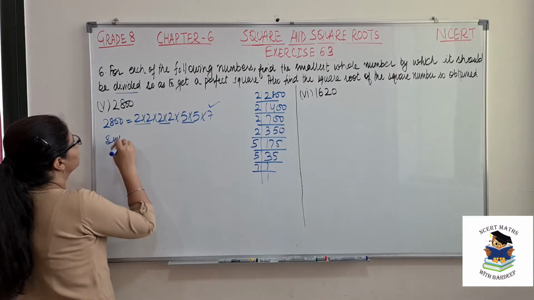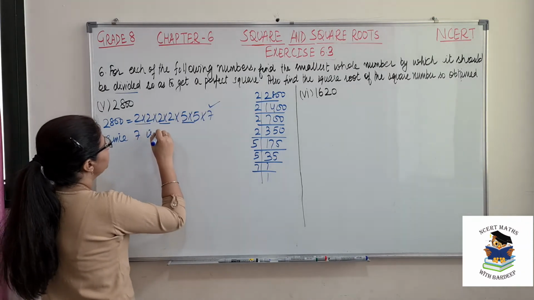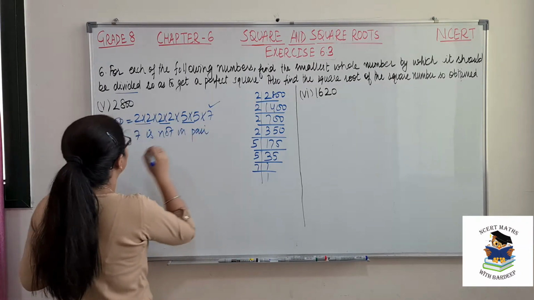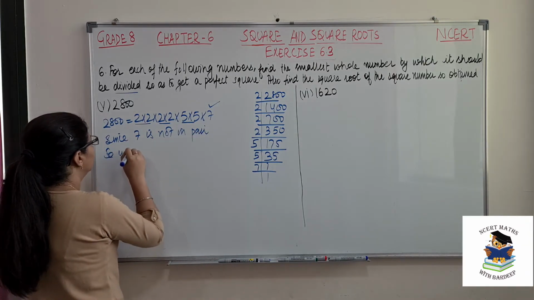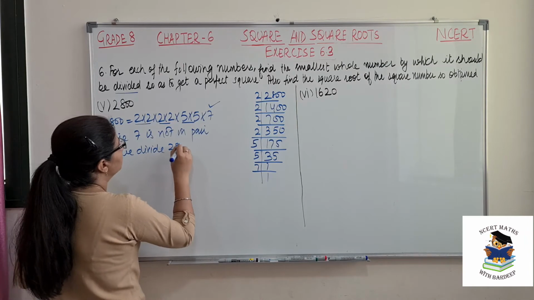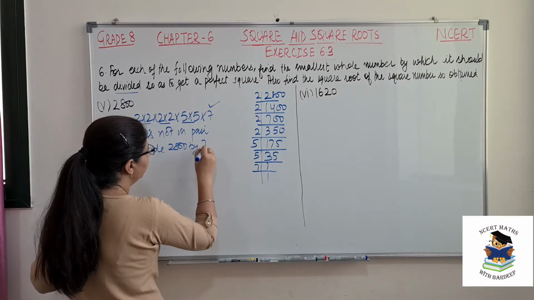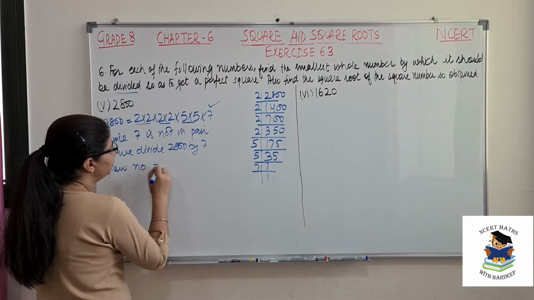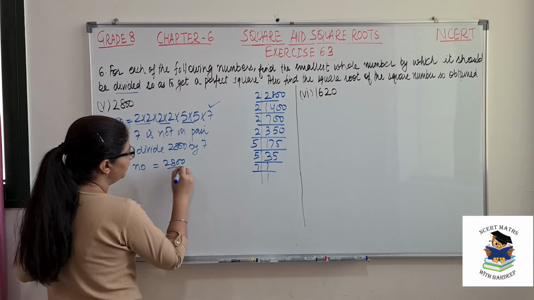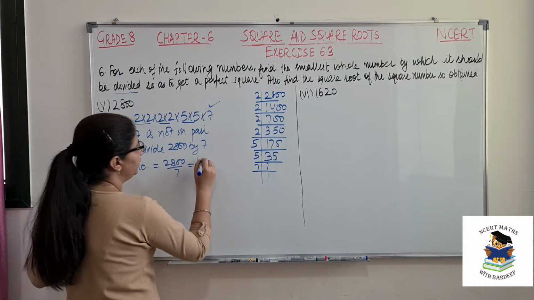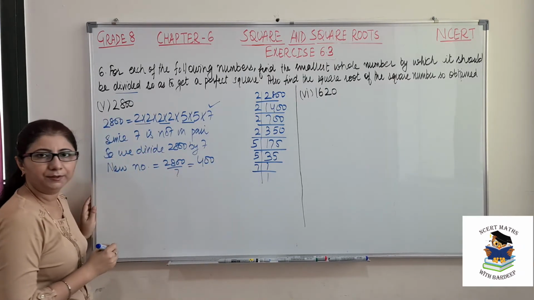Since 7 is not in pair, we divide 2800 by 7. So what is the new number? The new number is 2800 divided by 7. This is very easy. 7 4s are 28, so we can write 400.